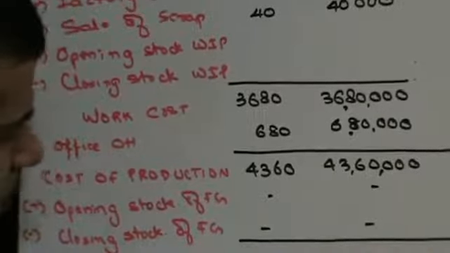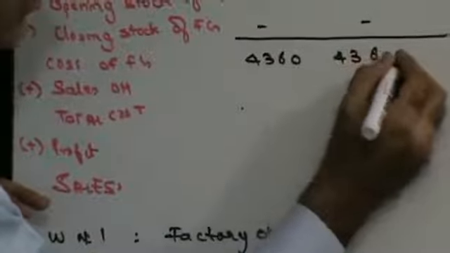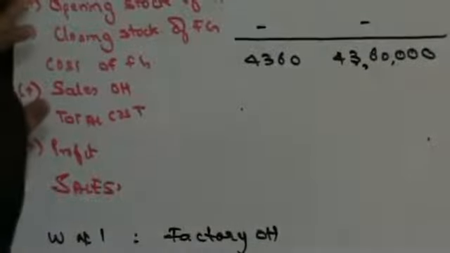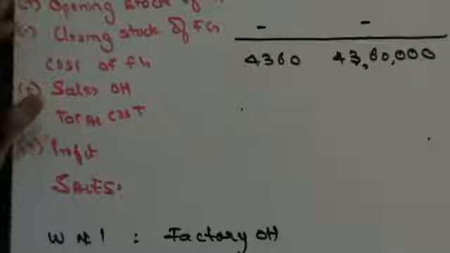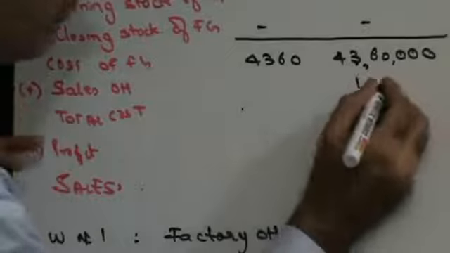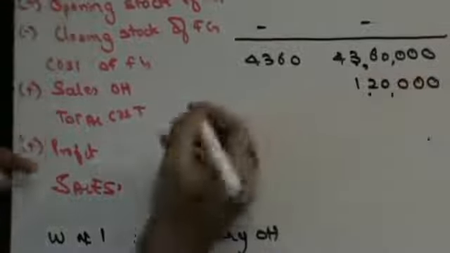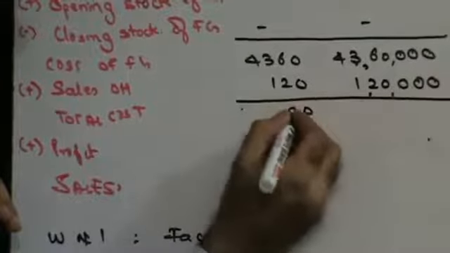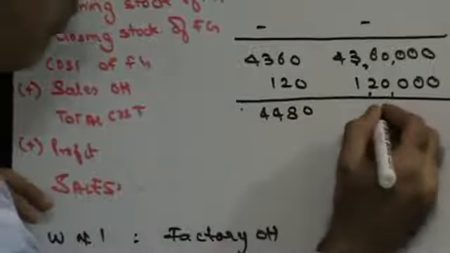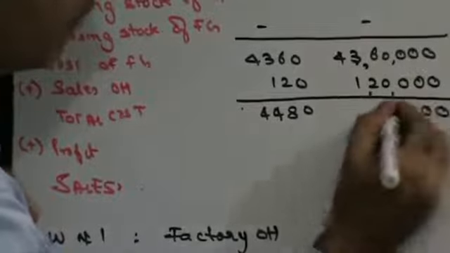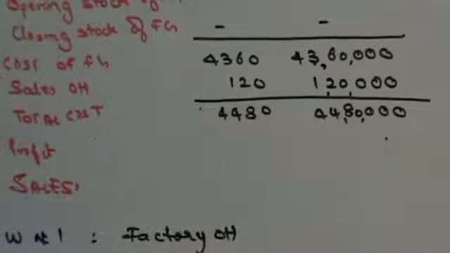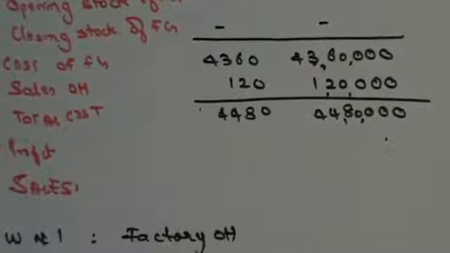So this will come here as it is, 4360 and 43,60,000. Next, sales overheads, selling and distribution overheads is 1,20,000. So this is 120, and we get 4480, that is 44 lakh 80,000.